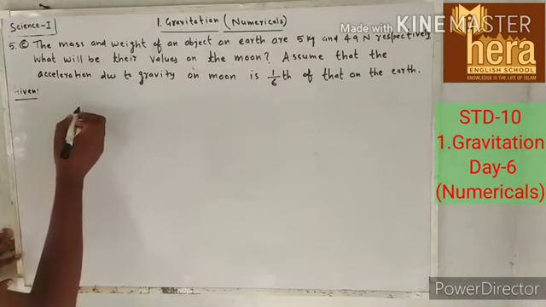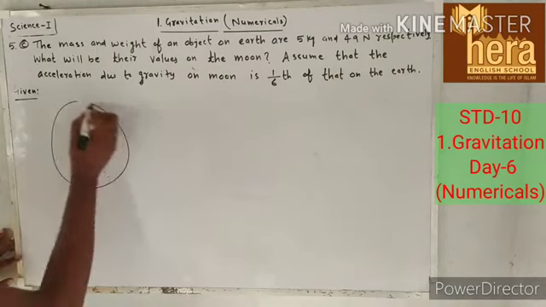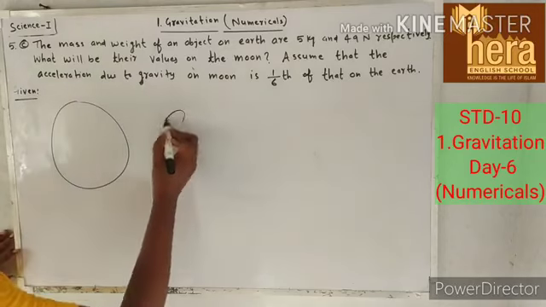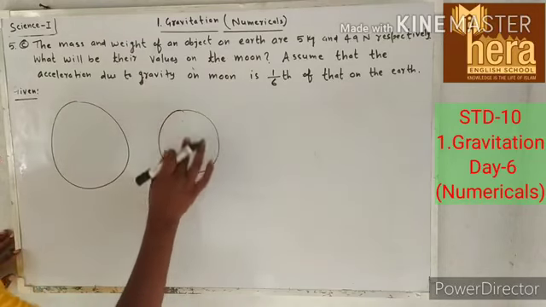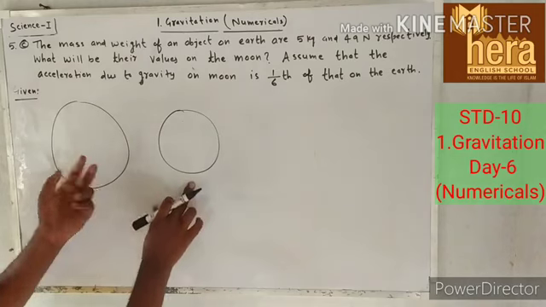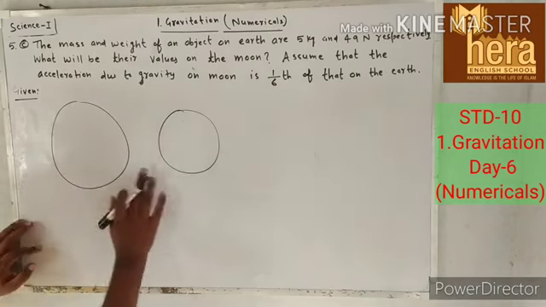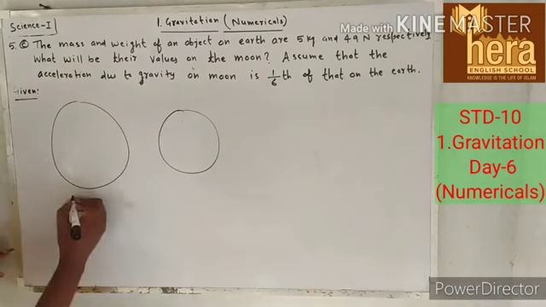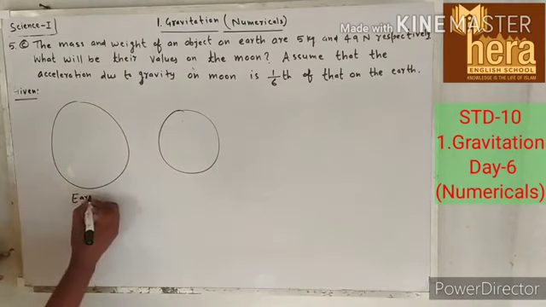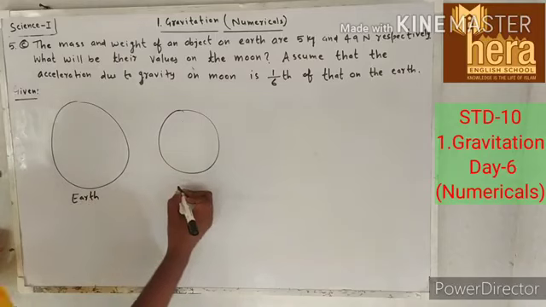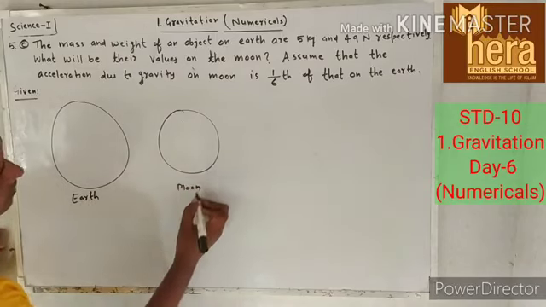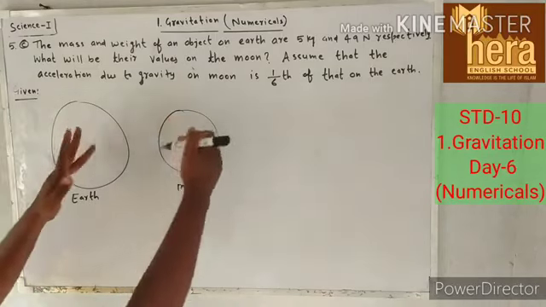We will make one earth and moon. As compared to earth, moon is smaller. This is earth, this is moon. We are making the diagram in given.